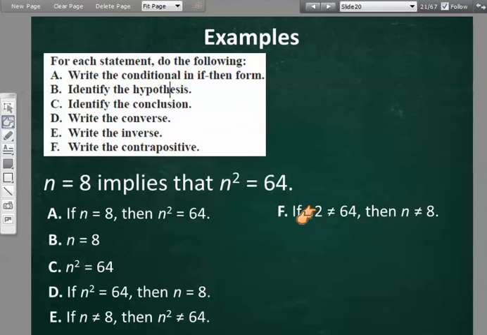Oh, I forgot to square my n. It says if n squared does not equal 64, then n does not equal 8. So if your contrapositive gets a little confusing, just think you're taking your inverse and you're flipping the hypothesis and conclusion, because that's what you're doing as well.